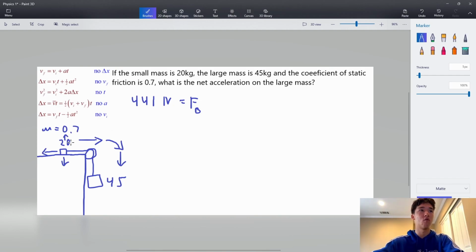So the normal force is 20 times 9.8, which is 196 newtons. Now we need to multiply that normal force by our static friction, or mu, which is 0.7, which means our frictional force will be 137.2 newtons.